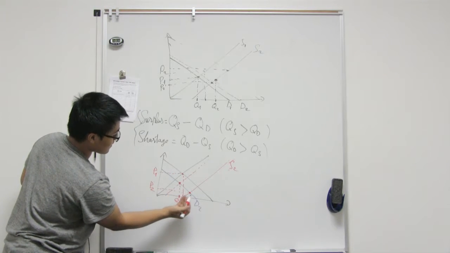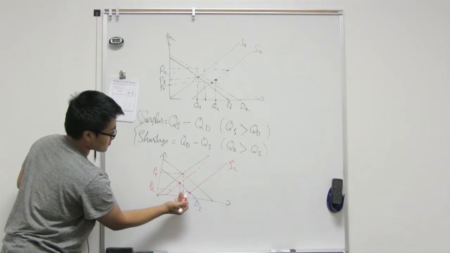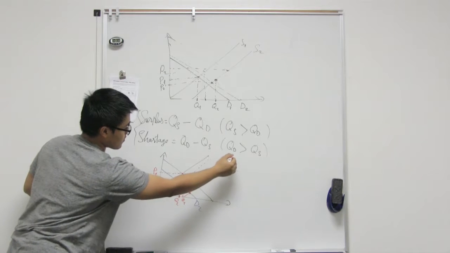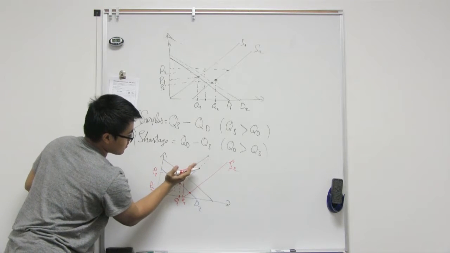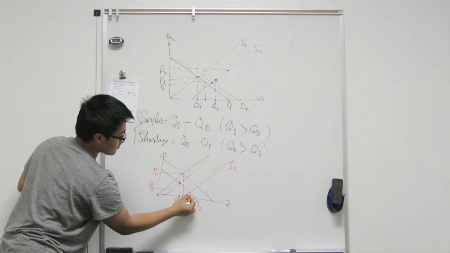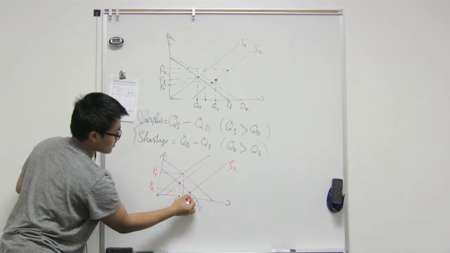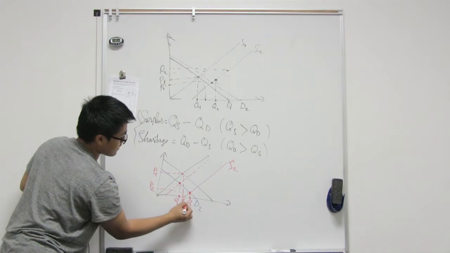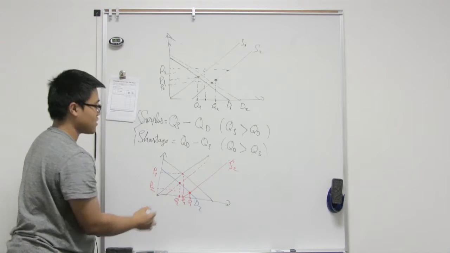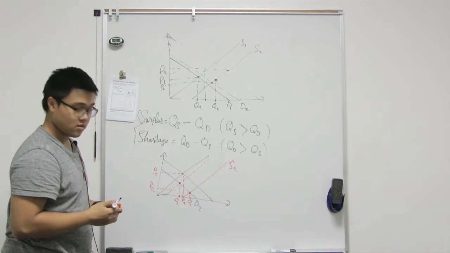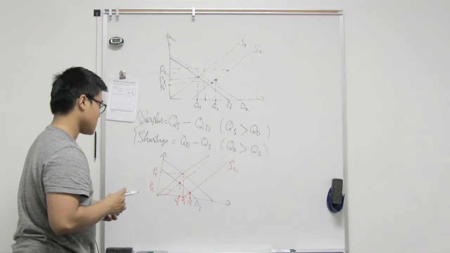In that case, quantity actually decreases. But if the supply curve shifts all the way over there, and this will be the new equilibrium, that will be Q2, and that is greater than Q1. So in that case, quantity increases.